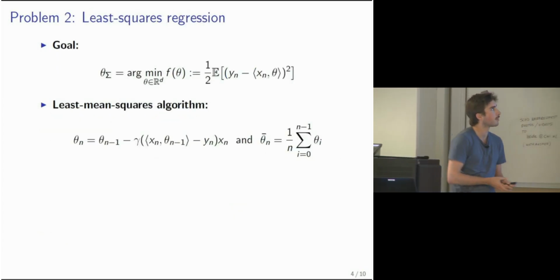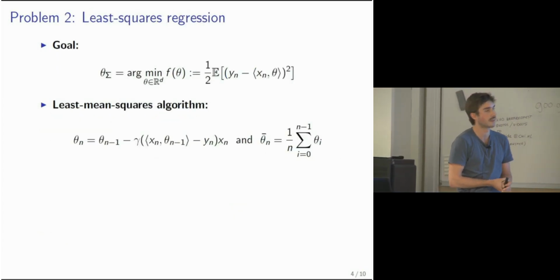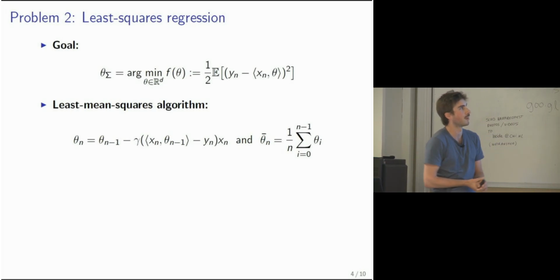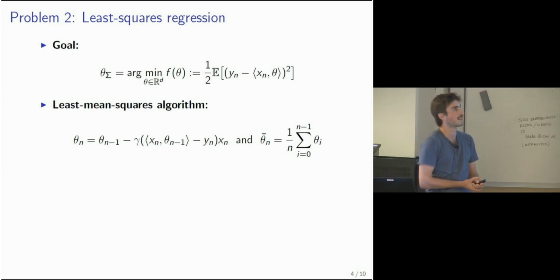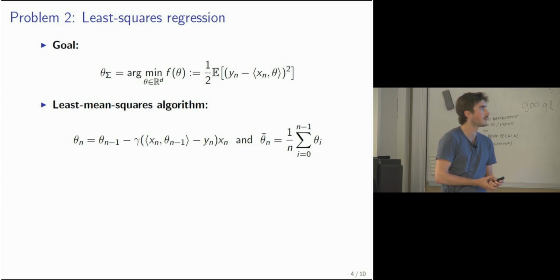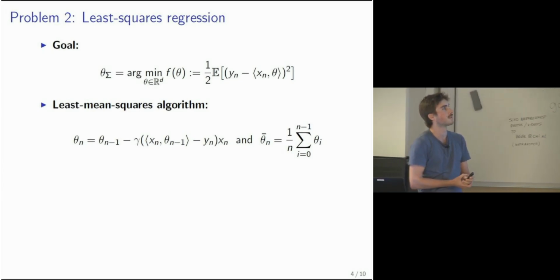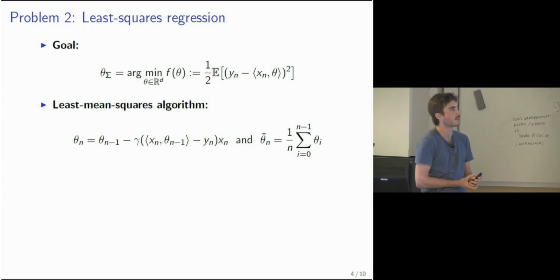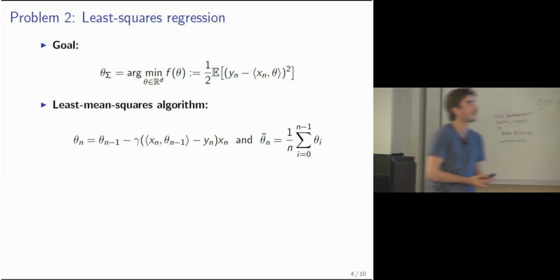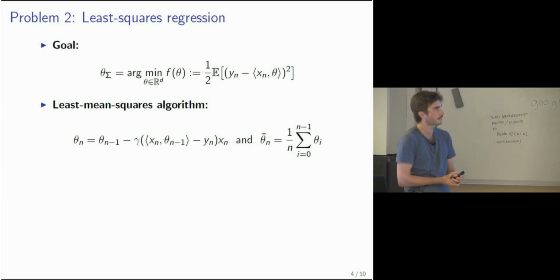In the second point, we are interested in doing least square regression. We observe some data x and y, and we want to predict the output y by a linear estimator x dot theta. To do that, we minimize the true loss, the quadratic function, which is the expectation of (y_n minus x_n times theta) squared.